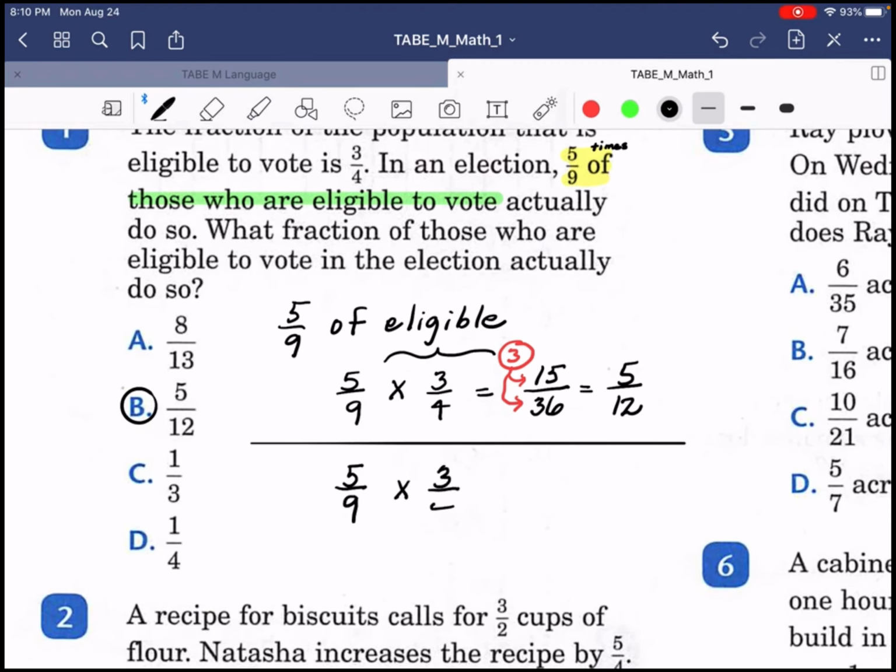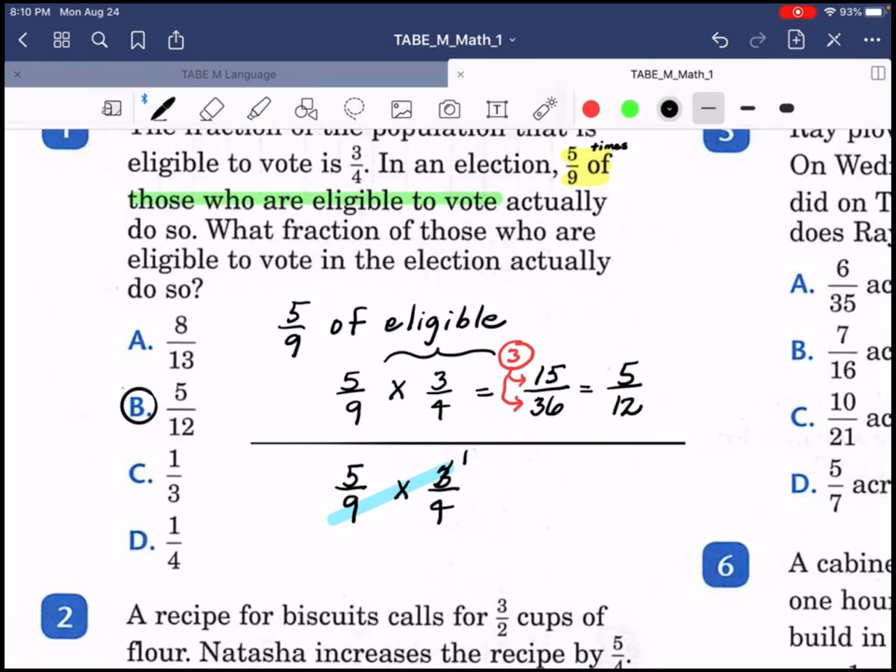Oh, I know. I'm going to show you how to cancel here using the 3 and the 9. If you're doing this longhand, you can cancel when you multiply. So break those down by 3. 3 divides into itself one time.